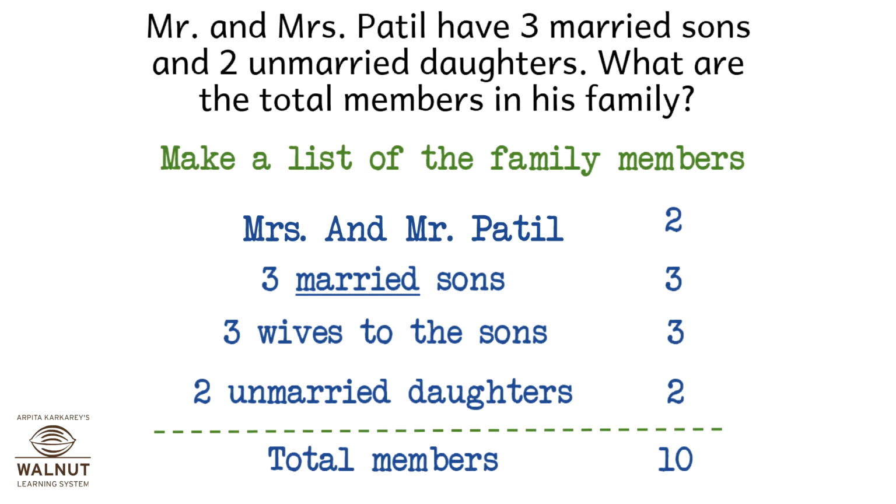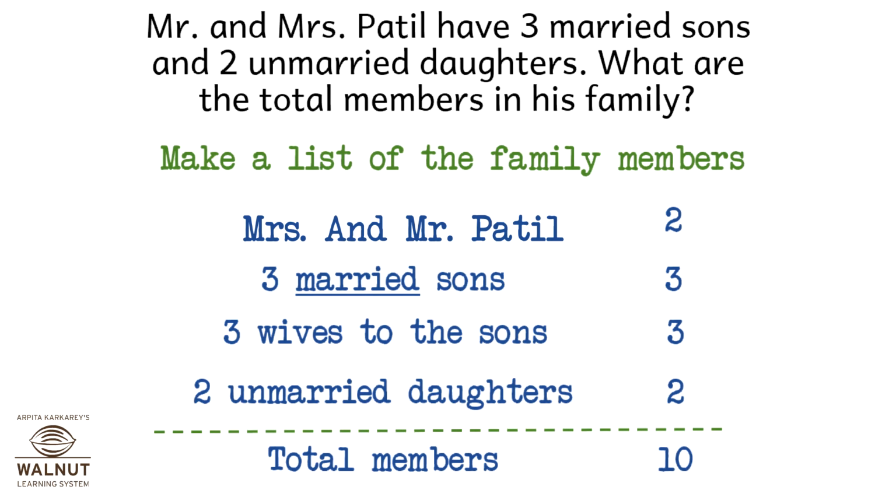So let's revise that. Mr. and Mrs. Patil have 3 married sons and 2 unmarried daughters. So what are the total members in his family? Mr. and Mrs. Patil are 2 people. They have 3 children who are married, so we have 3 sons and 3 wives.